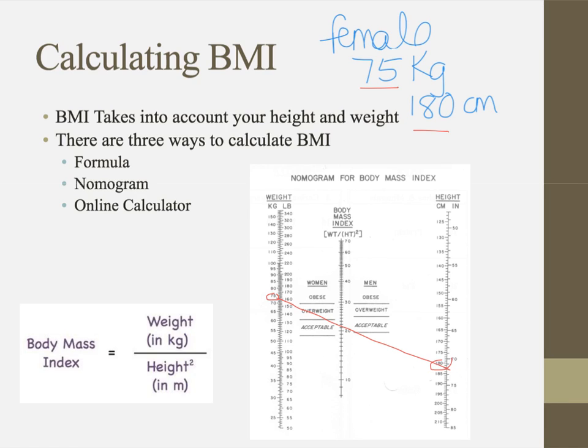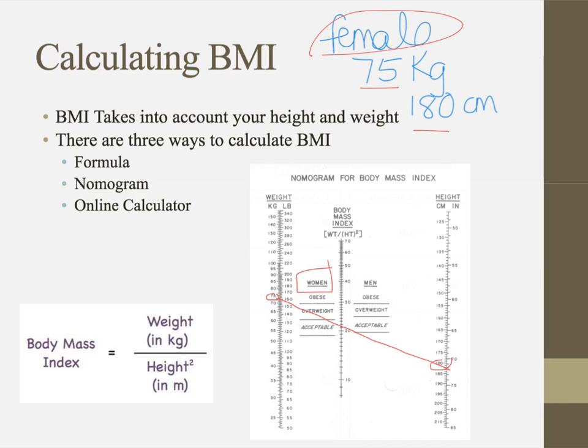Now, wherever this line crosses the woman category, because she's a female, will give me her BMI range. So she's going to be in the overweight range.